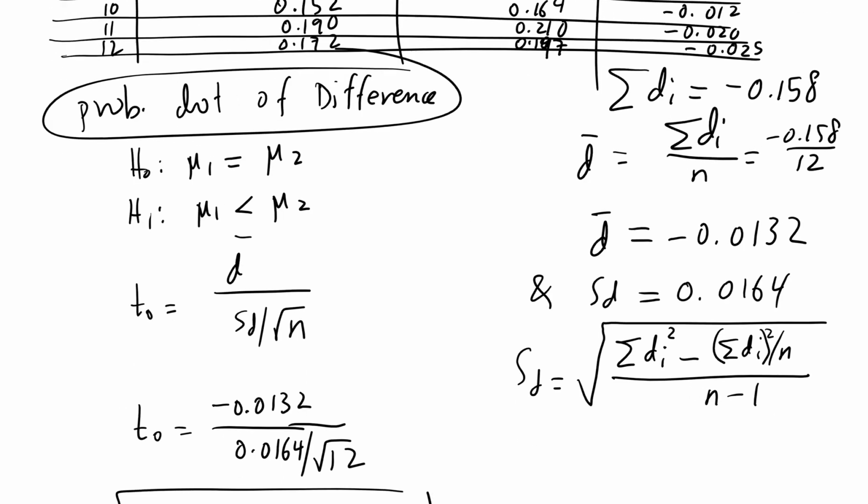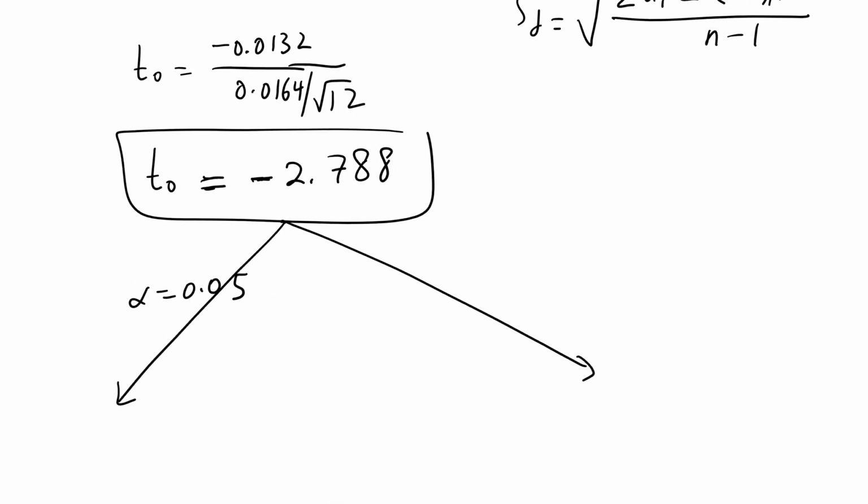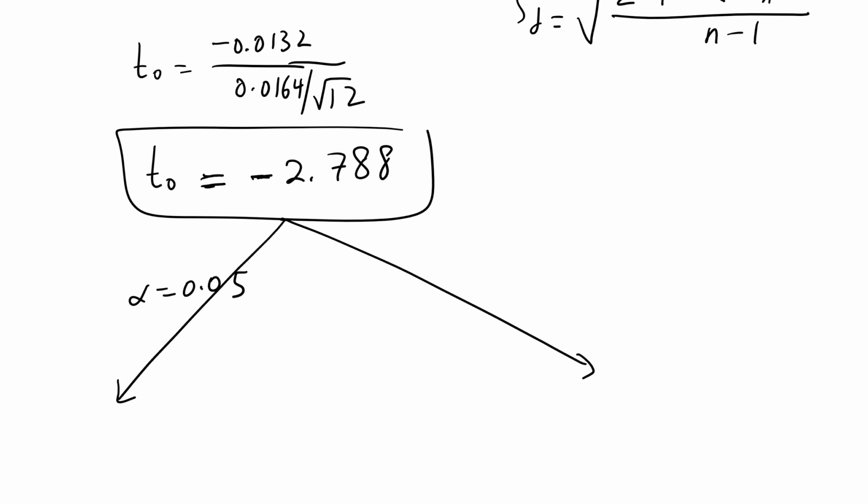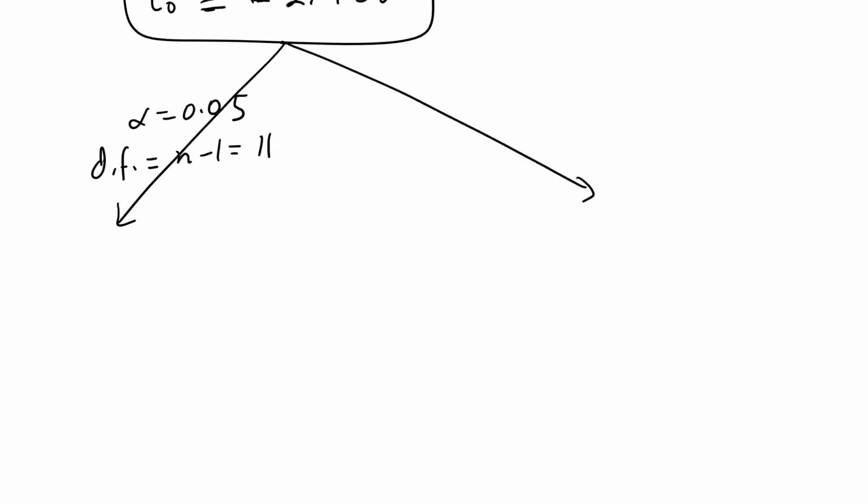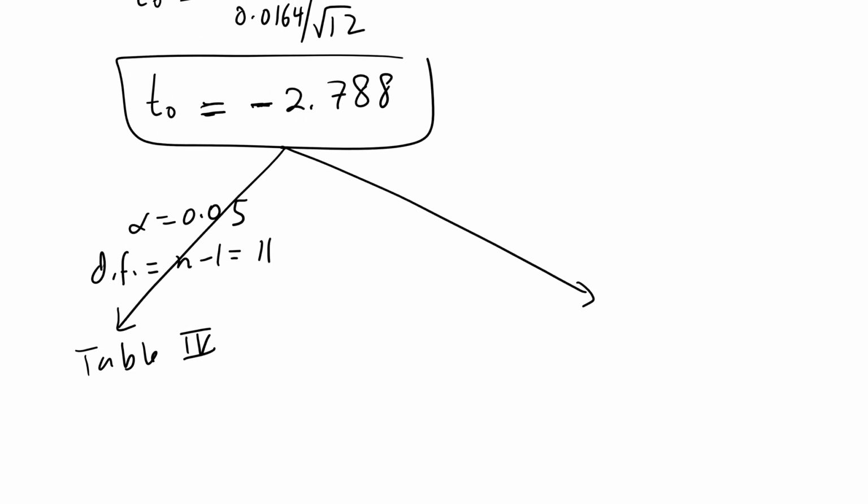Now back to this one. To get the critical value, we need the degrees of freedom, which is n minus 1, in this case 12 minus 1, 11. And we need to go to table 4 to find that out. I uploaded table 4 to this page.